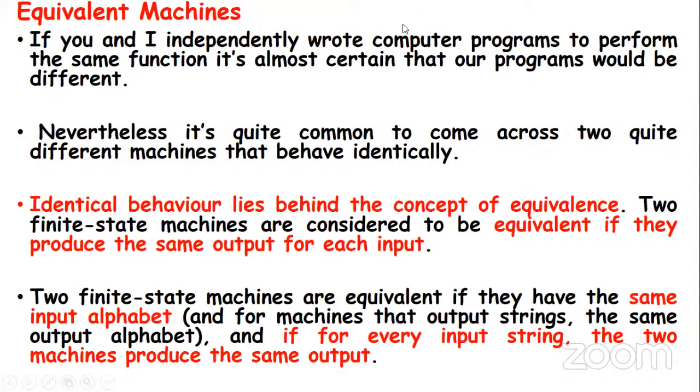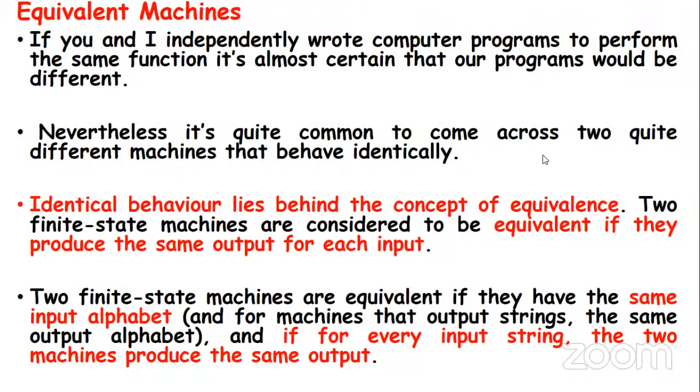You function in such a way that you are quite similar. So two finite state machines are considered to be equivalent if they produce the same output for each input. Let's read that again. Two finite state machines are considered to be equivalent if they produce the same output for each input. All right.